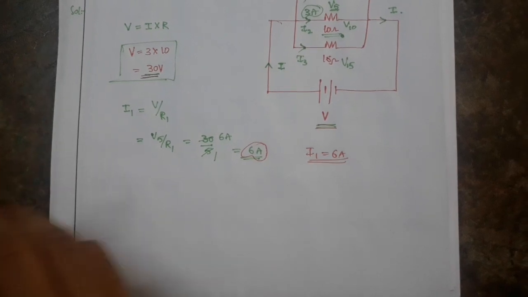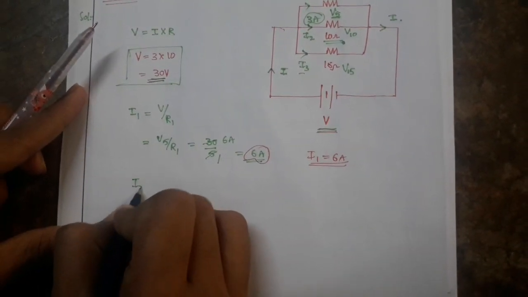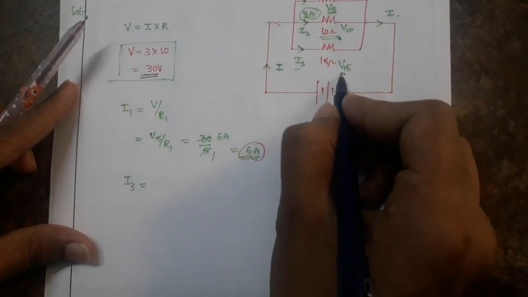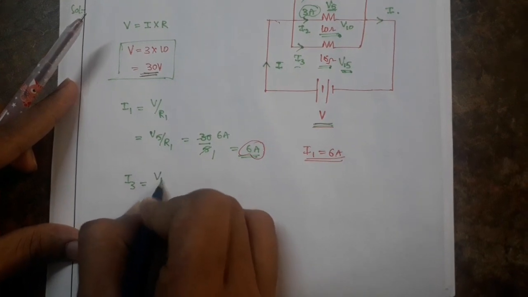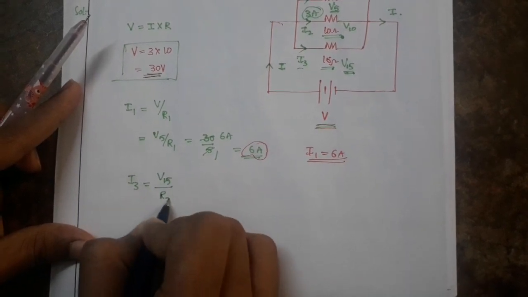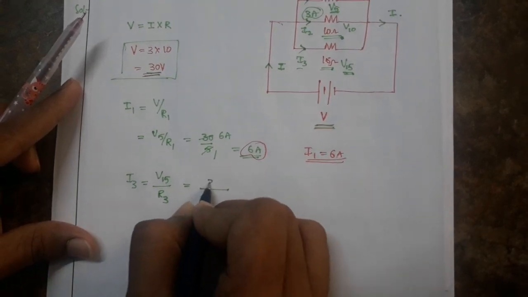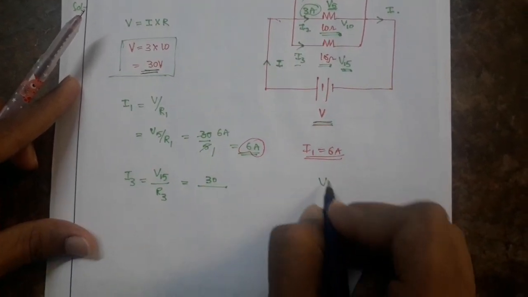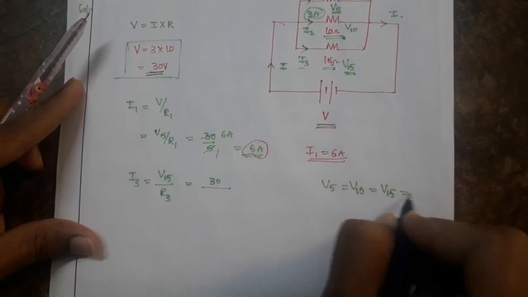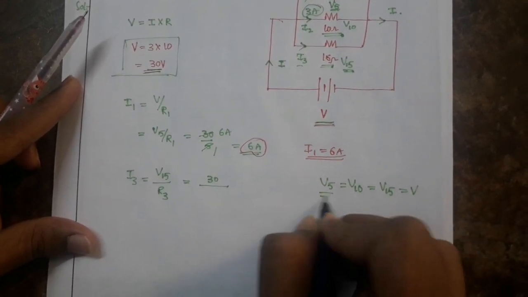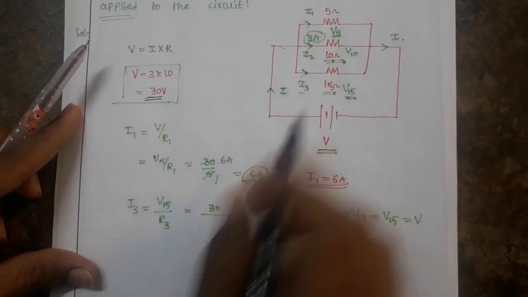We have to find the other branch current, that is I3. We know I3 equals V15, that is the voltage across the 15 ohm resistor, divided by R3. We know V15 equals 30 volts, because V5 equals V10 equals V15, which is equal to the applied voltage, where V5 is the voltage across the 5 ohm resistor and V10 is the voltage across the 10 ohm resistance.